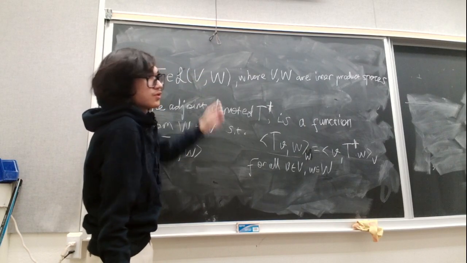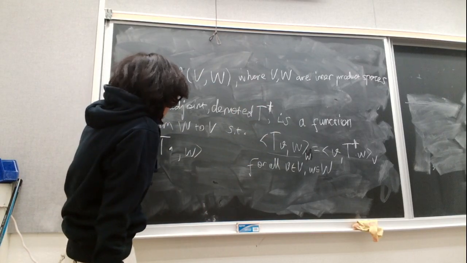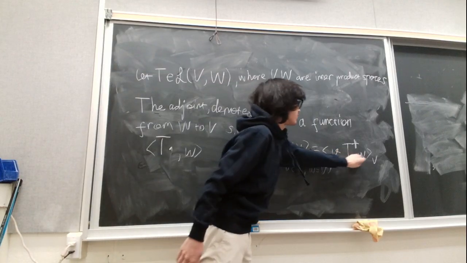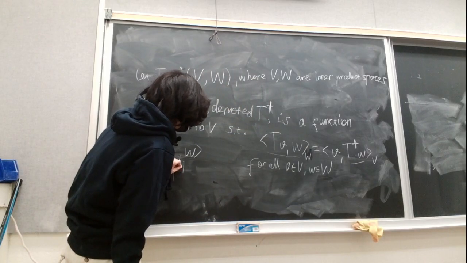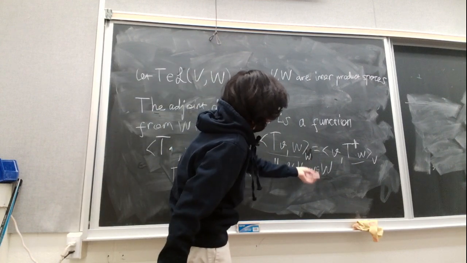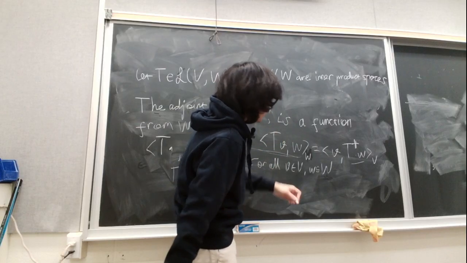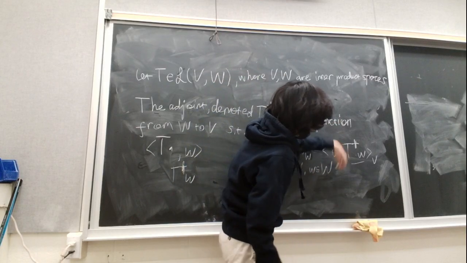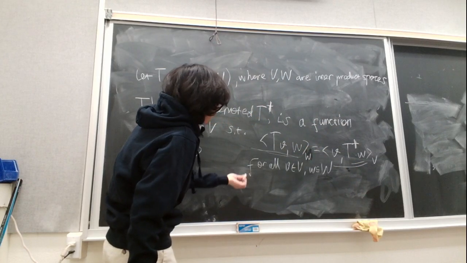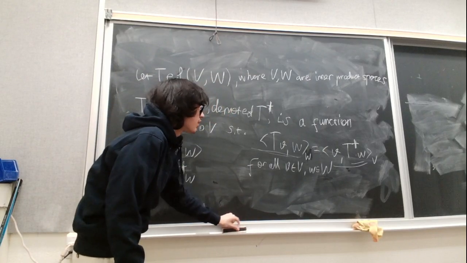By the Riesz representation theorem, there exists a unique vector, and that exact vector is T dagger w, such that this linear functional is equal to this product for all v. And this works for each w, and so we have a function.